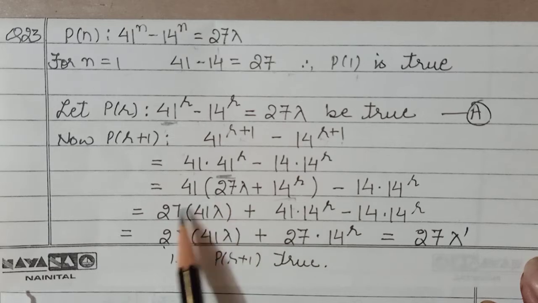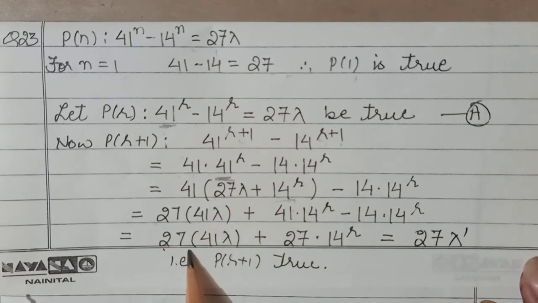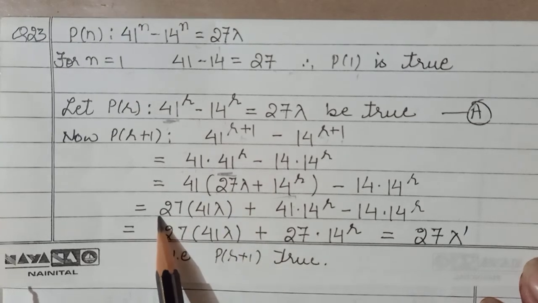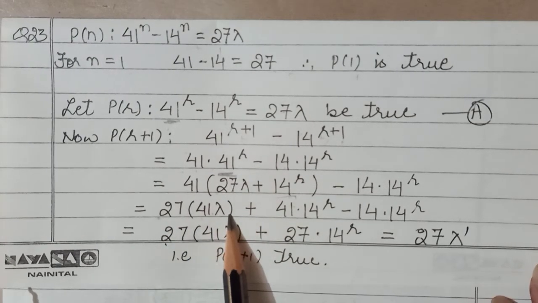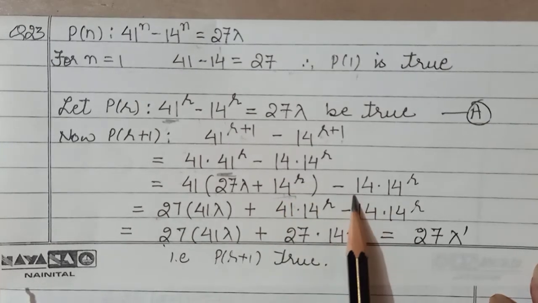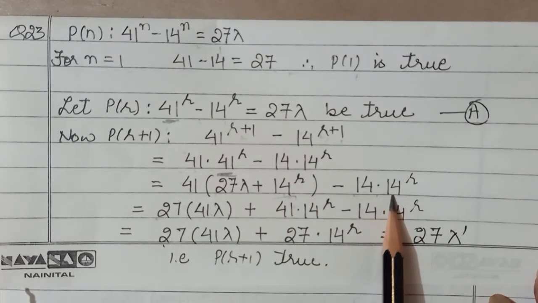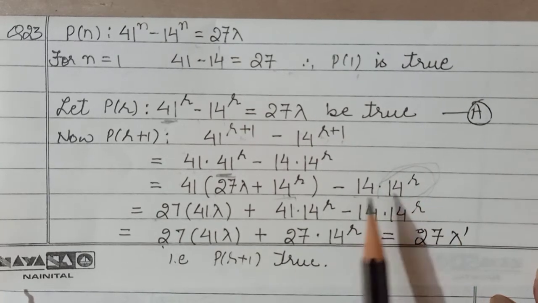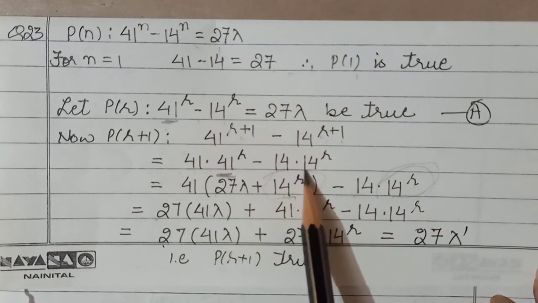Distribute inside. So we've got 27. You do not need to multiply this, because your aim is to show 27 out. So we are rearranging and writing it as 27 into 41 lambda. Then this 41 will also be multiplied with 14 to the power of r, and there was already minus 14 into 14 to the power of r. So we can treat this like x or y. They are like terms, so we can add and subtract them.